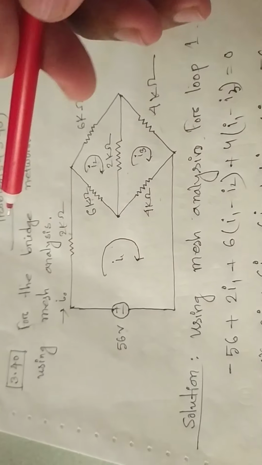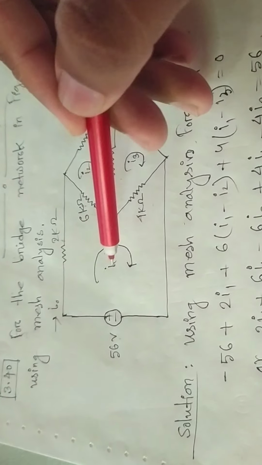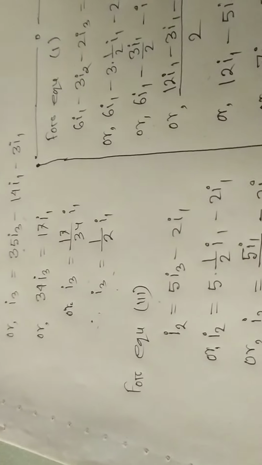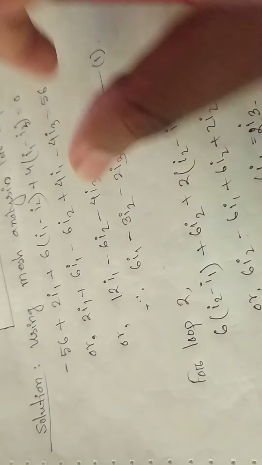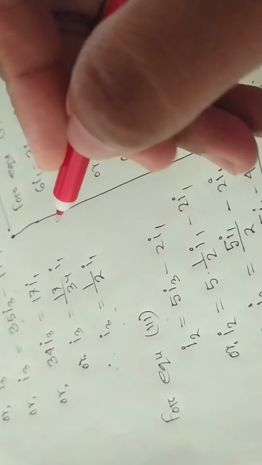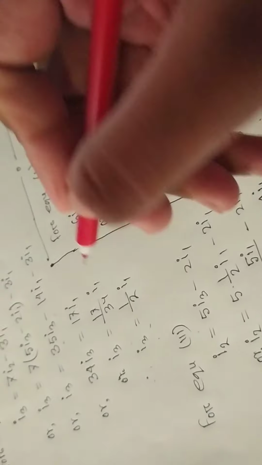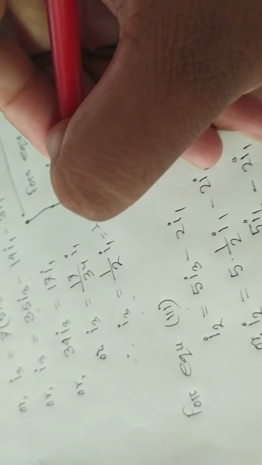We see in this figure that the I0 current is I1. So the I0 value is 8 ampere. If we calculate the I3 value, I1 is 8, so half of 8 equals 4 ampere.